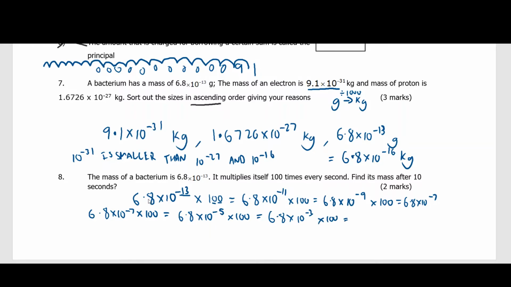Times by 100, 6.8 times 10 to the negative 2, negative 1. So how many have we done? We've done 1, 2, 3, 4, 5, 6. Here's our seventh one. Now this is going to be 6.8 times 10 to the 1.